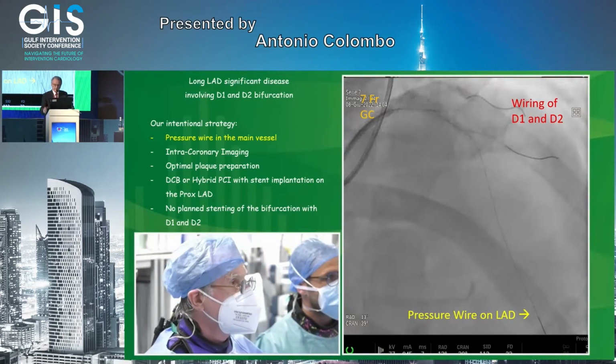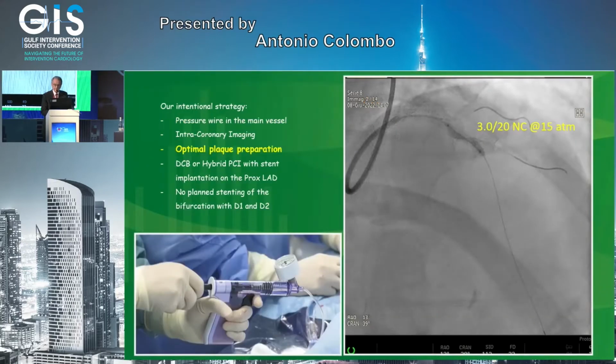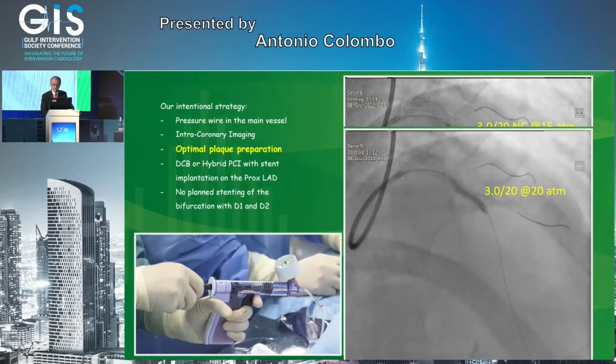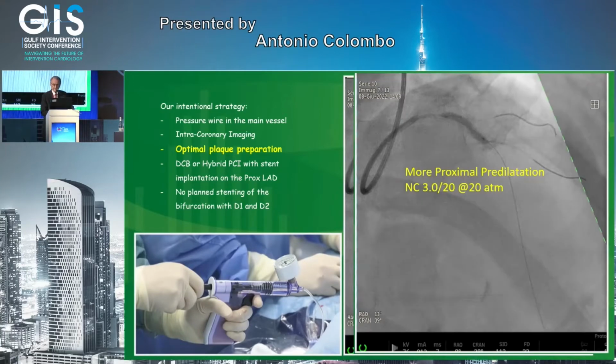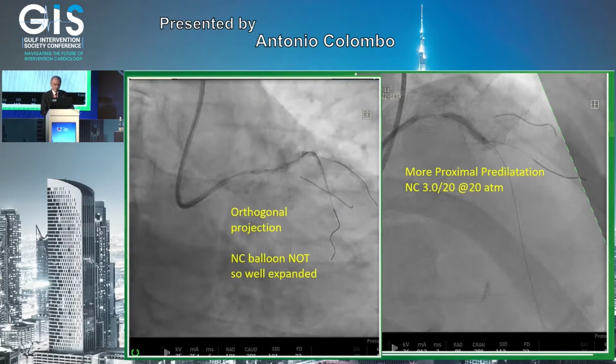And we did imaging. You see there is a fair amount of calcium in the proximal and mid LAD. We did pre-dilatation with a non-compliant balloon at high pressure. Here nothing new. We protected the diagonal. The balloon expanded here, and here is not completely expanded.